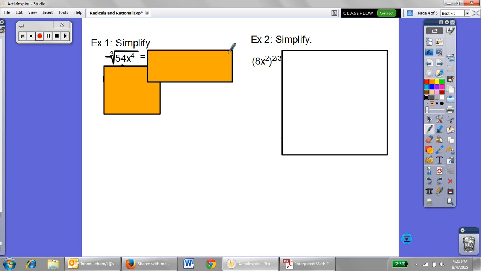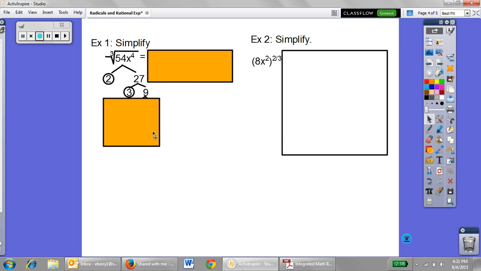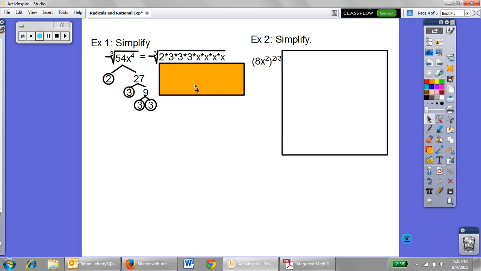Example 1 says to simplify the cube root of 54x to the 4th. First I need to break down the 54 into its factor tree. 54 is 2 times 27, 27 is 3 times 9, and then 9 is 3 times 3. So I circle all the ends of those branches of the factor tree, and I can put those numbers underneath the cube root sign. So 2 times 3 times 3 times 3, and then x to the power of 4, I can write that x 4 times.